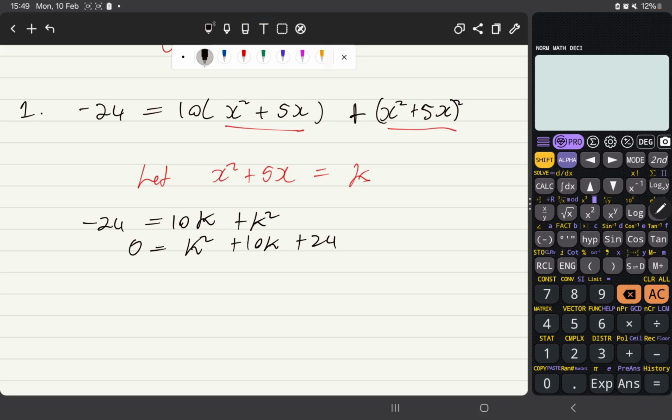You have 0. Trying to solve this with my method of factorization, you don't have to always use that method, but that method is the best if you don't want to overthink numbers. But in this situation, the coefficient of k squared is 1. So you can just ask, what are factors of 24 that if I add them, they're going to give me 10?